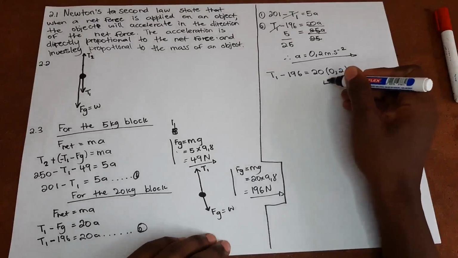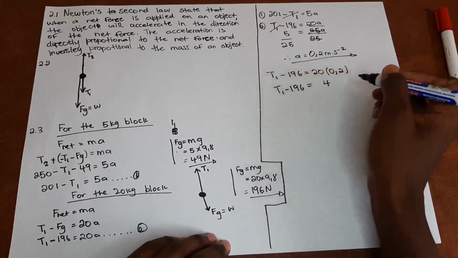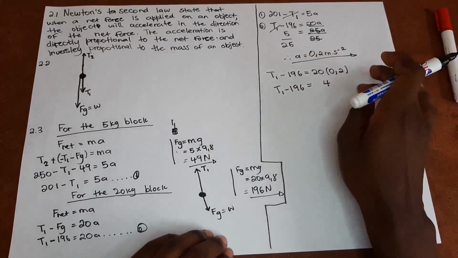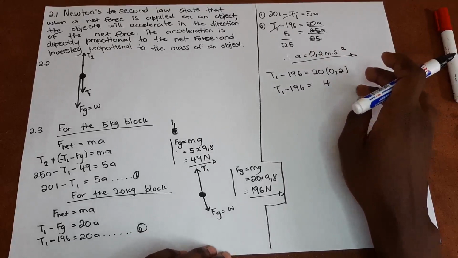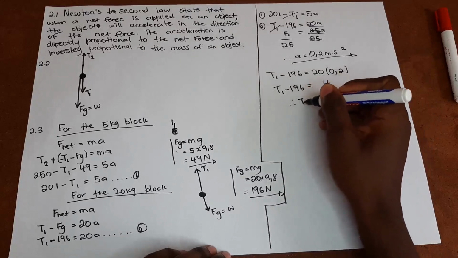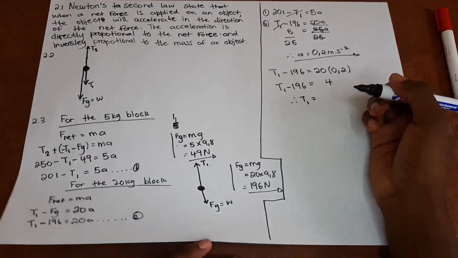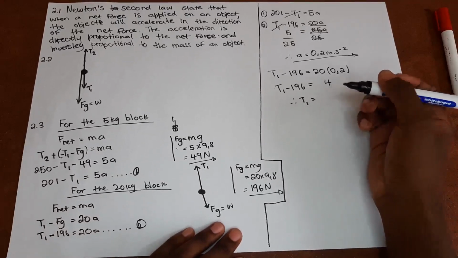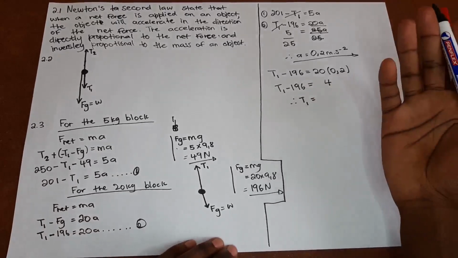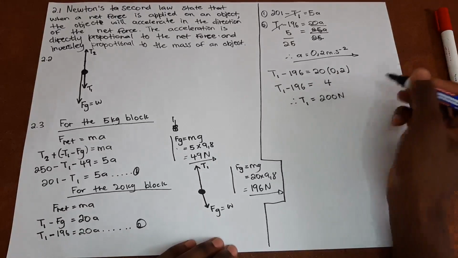So on this side we have 4, equal to T1 minus 196. Let's take 196 to that side. Therefore our T1 is 196 plus 4, it's 200 newtons. That's how it goes.